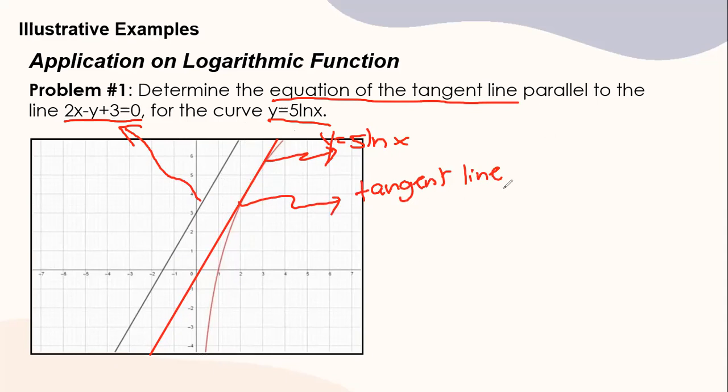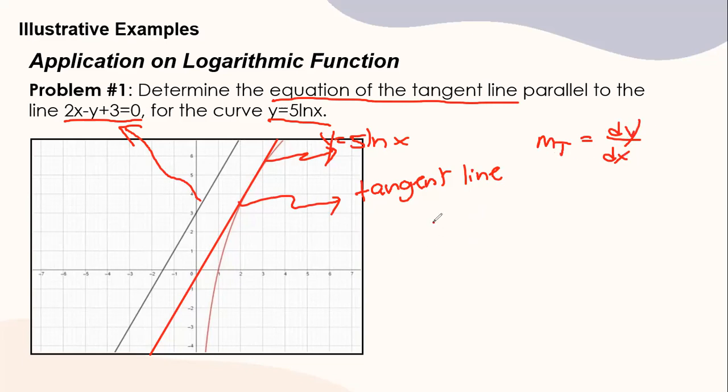Kung maaalala natin, okay, so we have our slope of our tangent line, which is the dy over dx as well. So, we have to derive our function. Okay, so to get the slope of tangent line, we have to derive to get dy over dx.